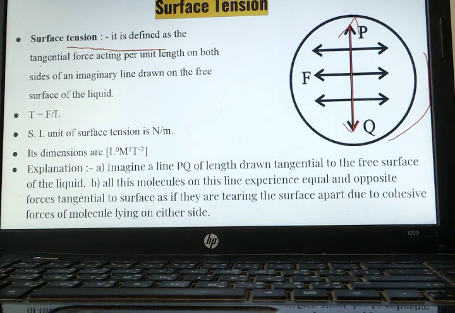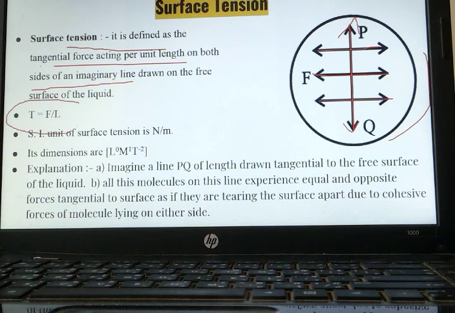So surface tension is defined as tangential force per unit length on both sides of the imaginary line, a tangential force applied to the imaginary line of the liquid.